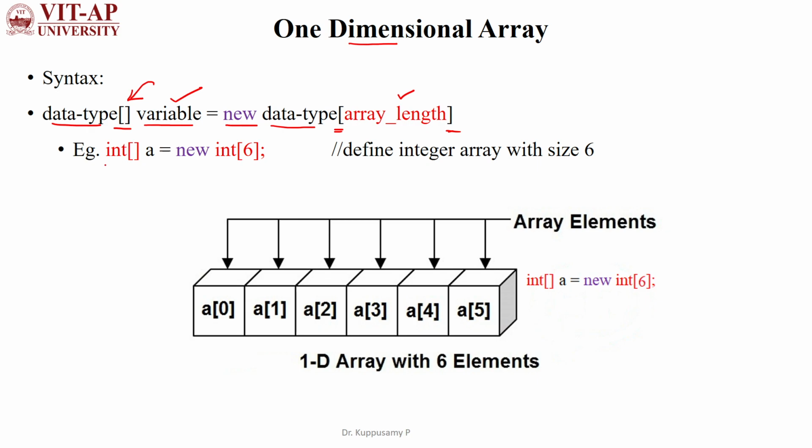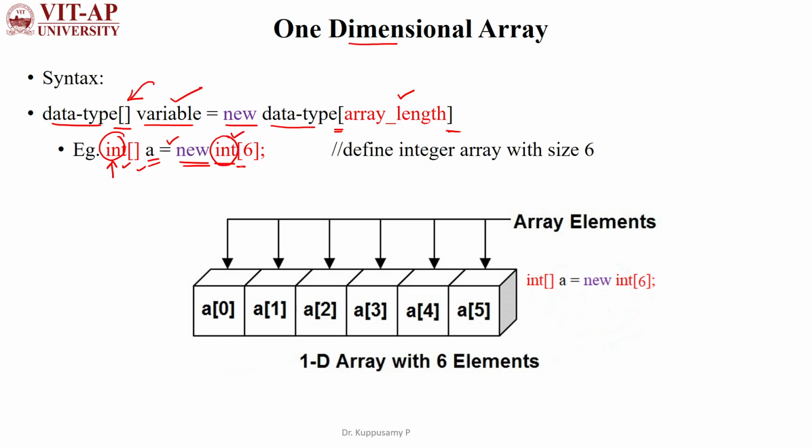For example, here I created an integer data type array: int, open square bracket, closed square bracket, then the variable name is a, equal to new, which is the operator, then the integer data type. Whatever data type we give here should be similar to this side.